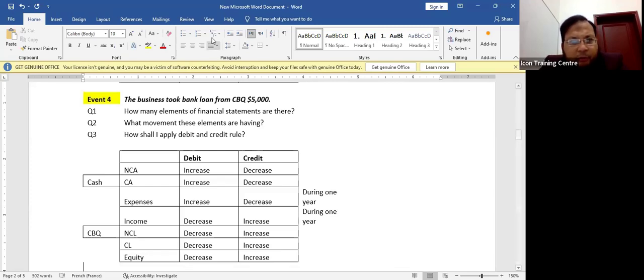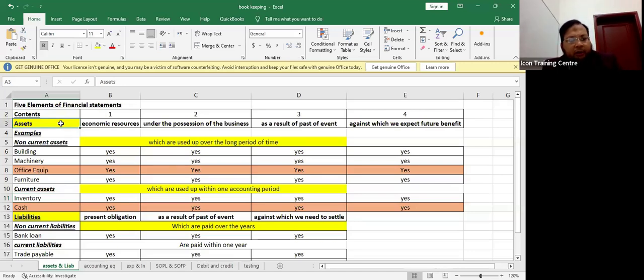Now let me revise it for you again, because we need to understand these definitions. Assets are defined as an economic resource under the possession of the business as a result of past event, against which we expect future economic benefit. An asset should pass all four criteria.